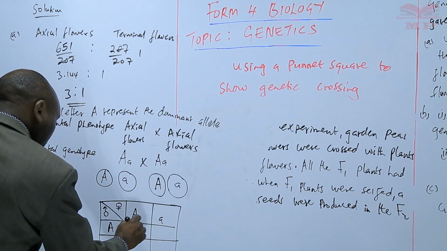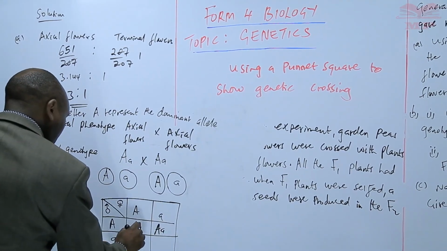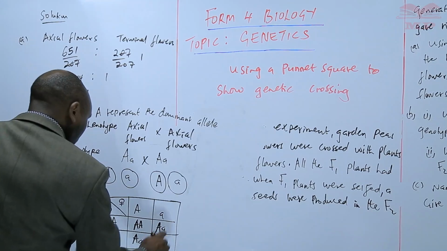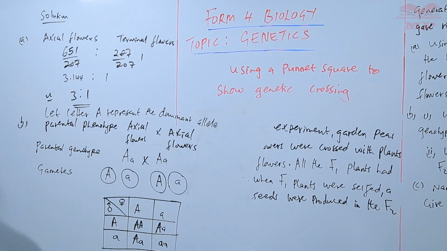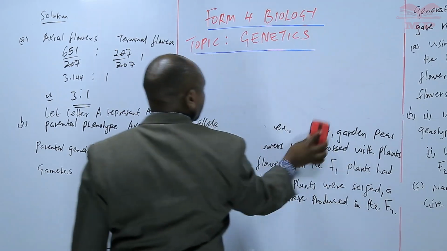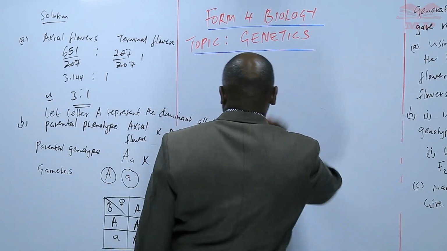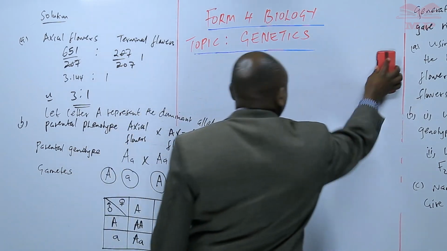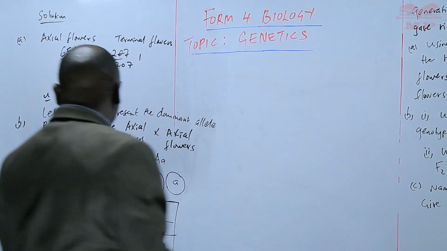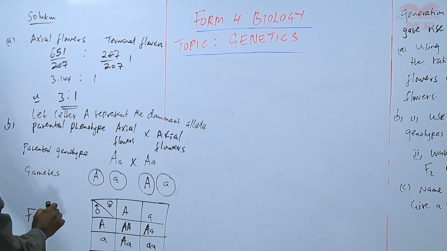So this will be AA, A small a, A small a, and small a small a. So this is the F2 genotype.